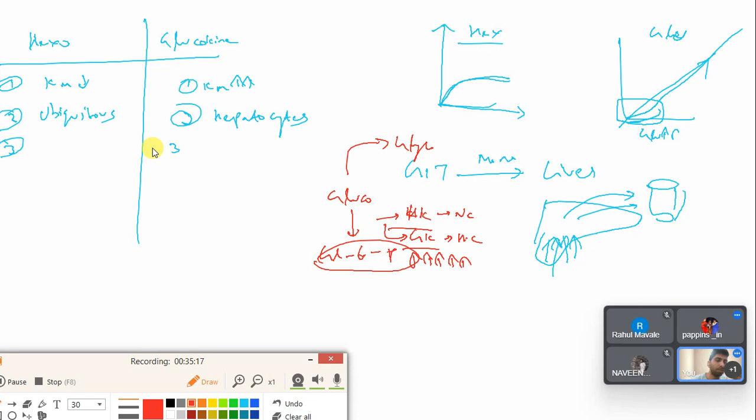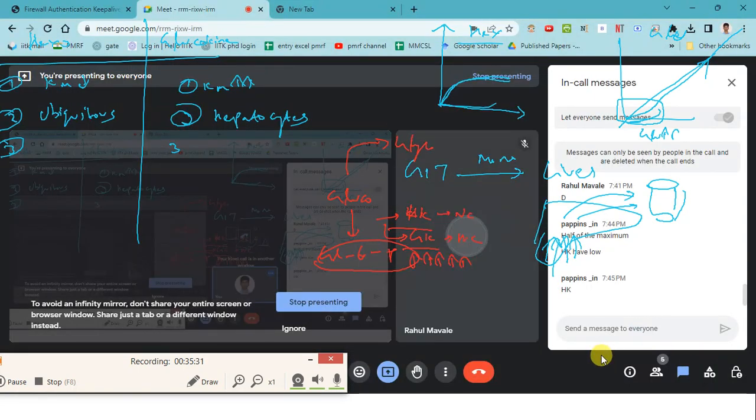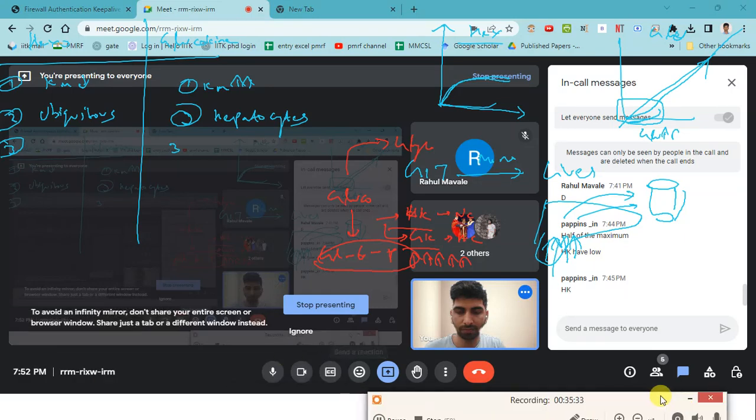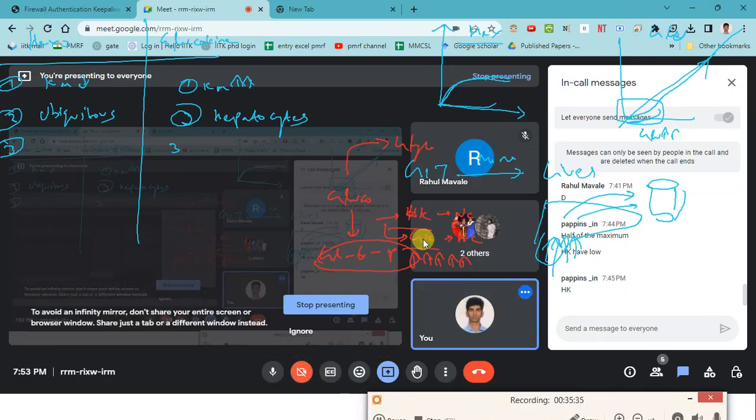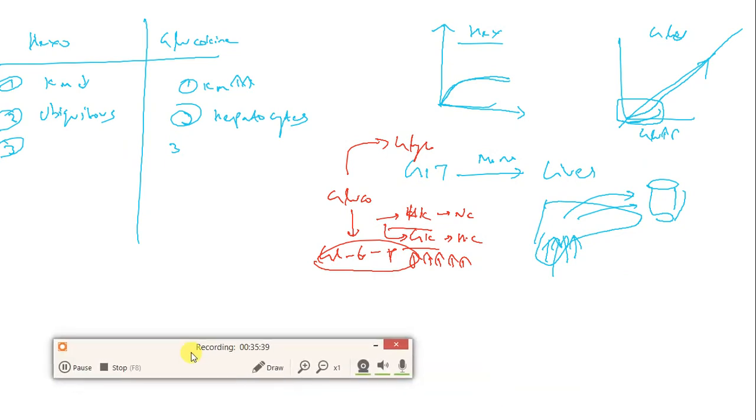The product of that enzyme is inhibiting the enzyme. Anyone? Will glucose 6 phosphate stop both hexokinase and glucokinase?